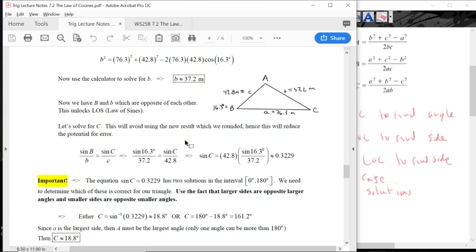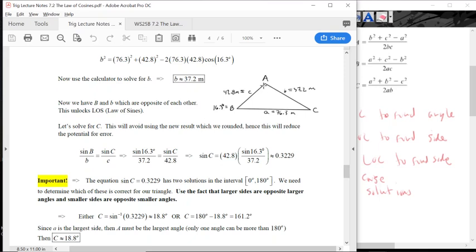All right, with the numbers being changed just a little bit in this exercise, the answer could have been 161.2 degrees. Okay, so I really want to be clear about that point. Just because the answer here happened to be the quadrant 1 solution does not mean the answer will always be the quadrant 1 solution. You really do need to consider the other solution as well, and try to justify which of these two is really going to be the correct solution. And I gave you a way that you can justify it.